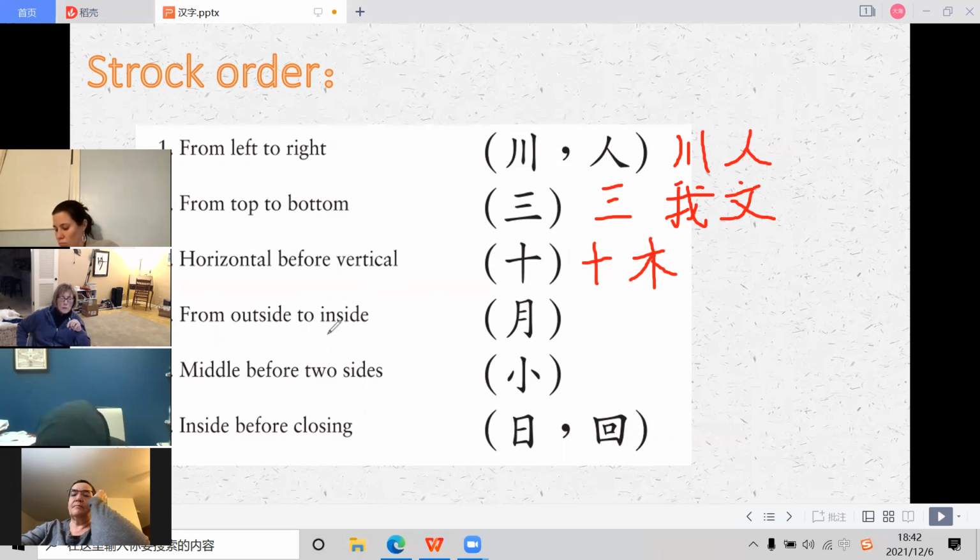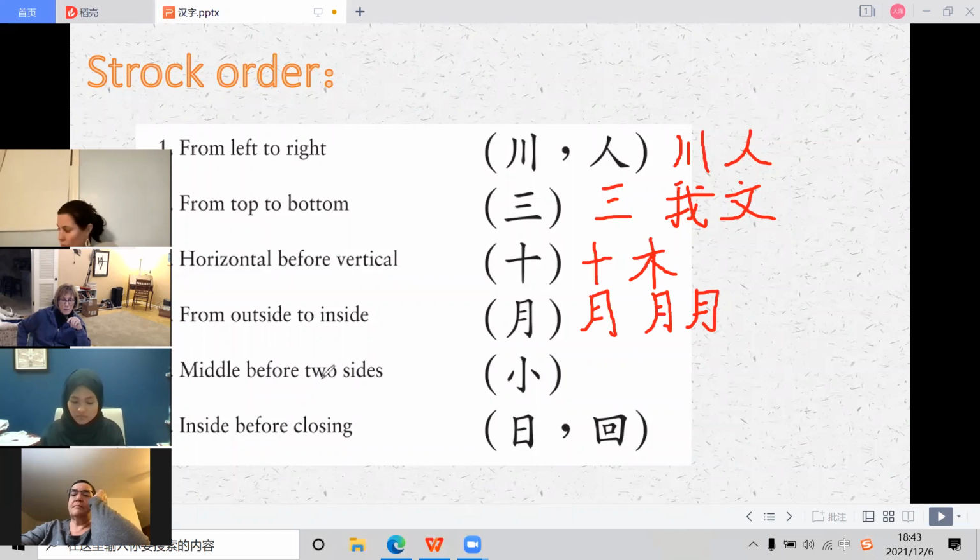And the fourth rule, from outside to inside, from outside 越 to inside, left to right, outside to inside.